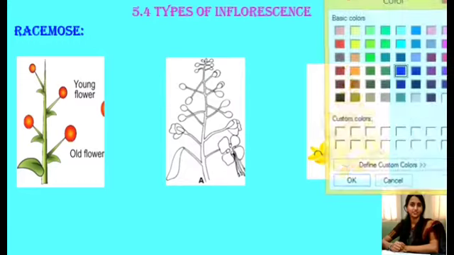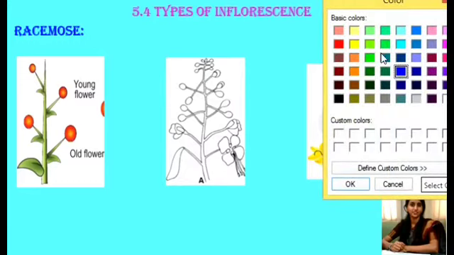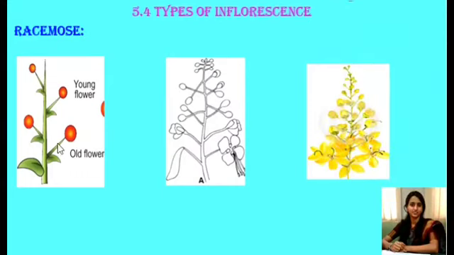In the racemose inflorescence, the flowers are produced on the inflorescence axis, from here to here. On the inflorescence axis, a number of flowers have been produced.